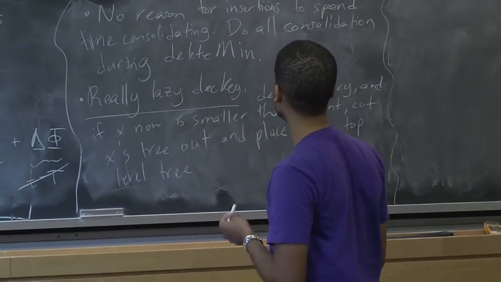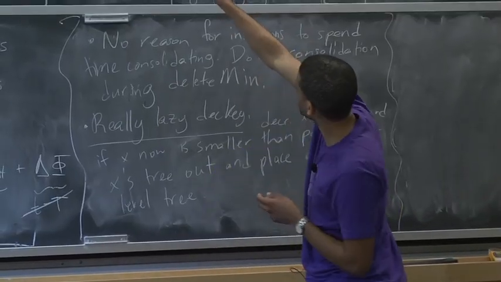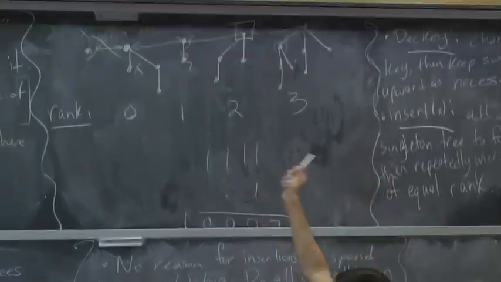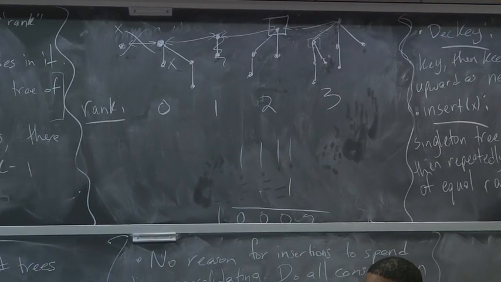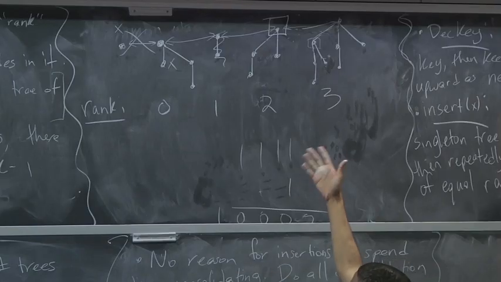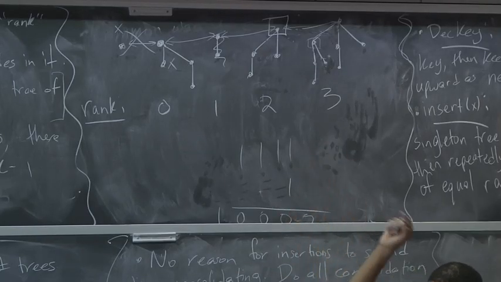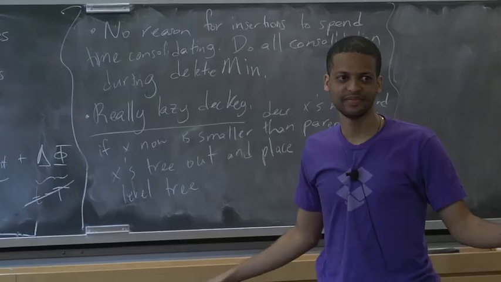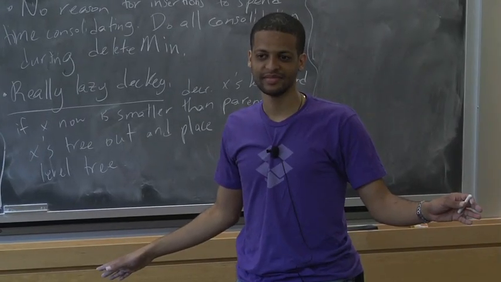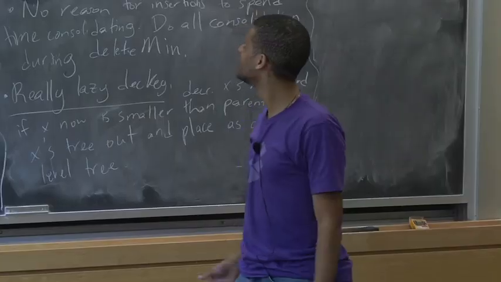What does a delete min do? It has to look through all of those top level roots, find the min. So let's say that the maximum rank in your tree is k. It looks at k different roots, finds the min. Then deletes that out of the tree and then puts the children in and then merges things. So in terms of k, what's the worst case running time? O of k, right?